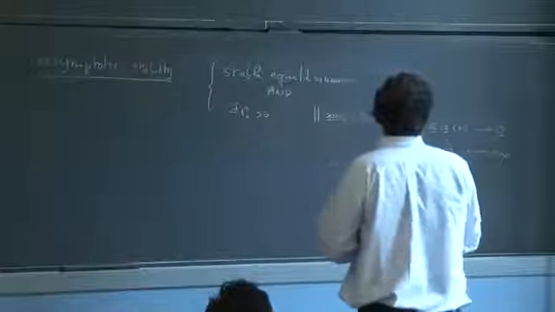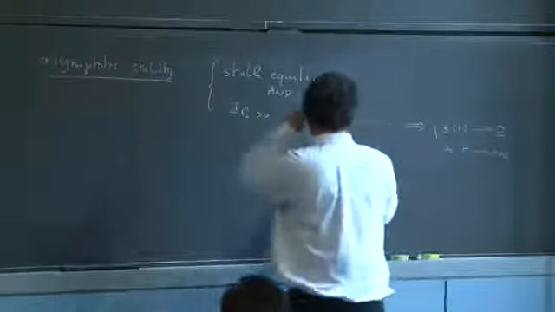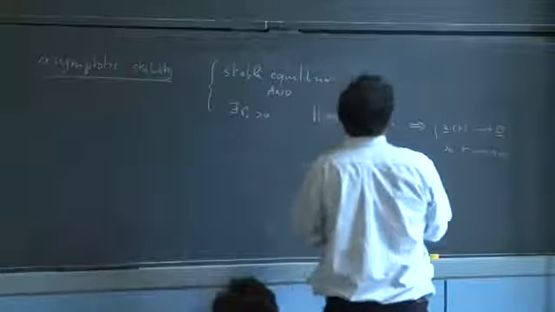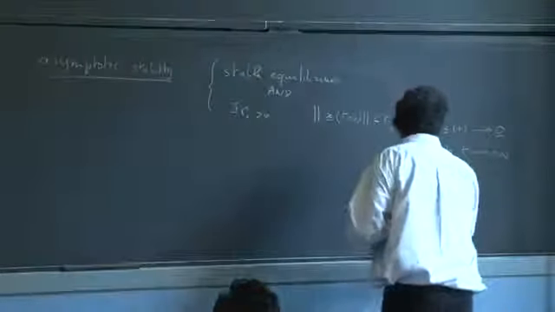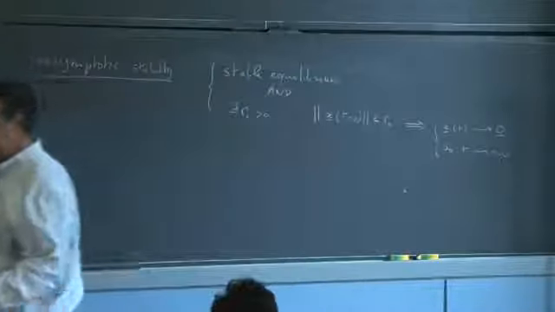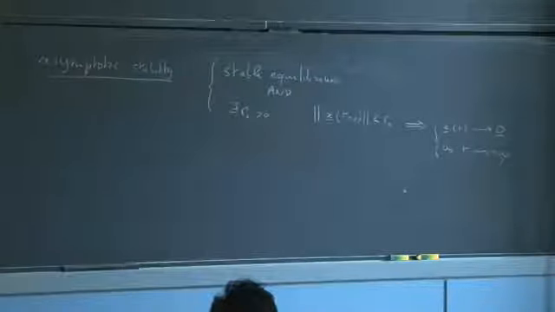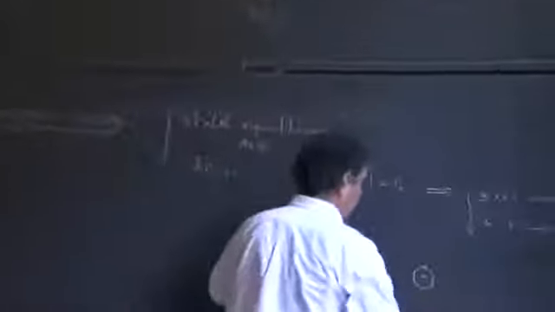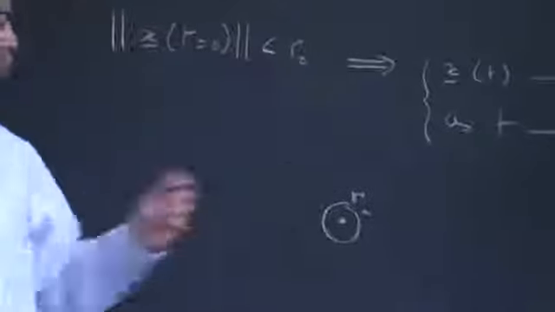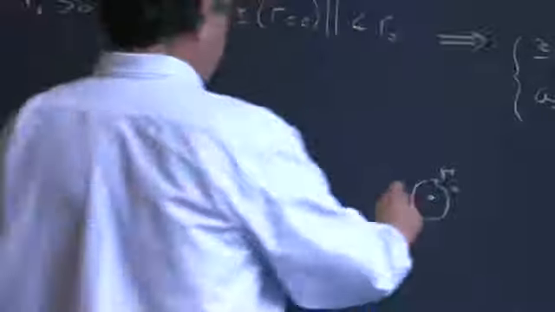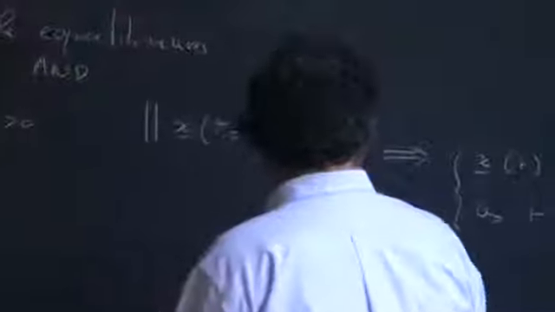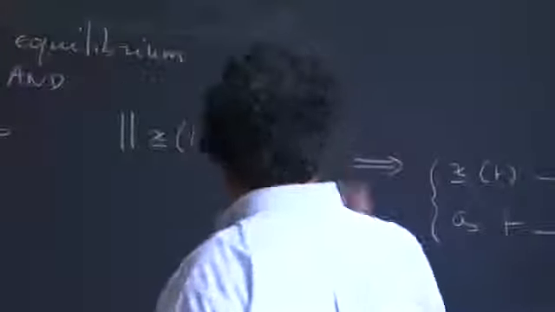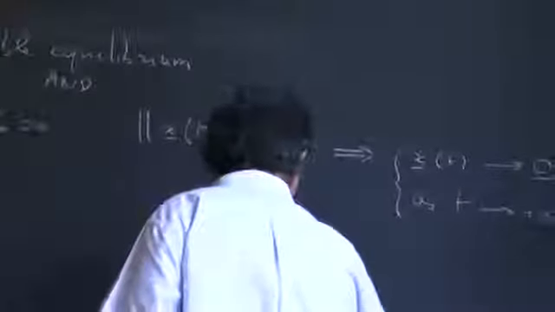So you have this condition, and then you have an extra condition which says there exists some R0 around this equilibrium point such that whenever you start in that ball of radius R0, not only do you not get out of the balls, but you do end up at 0.